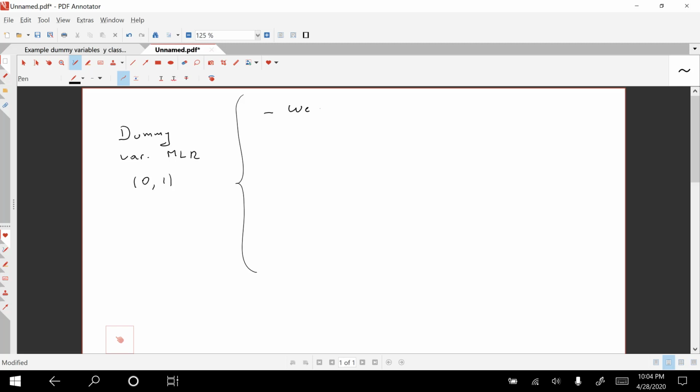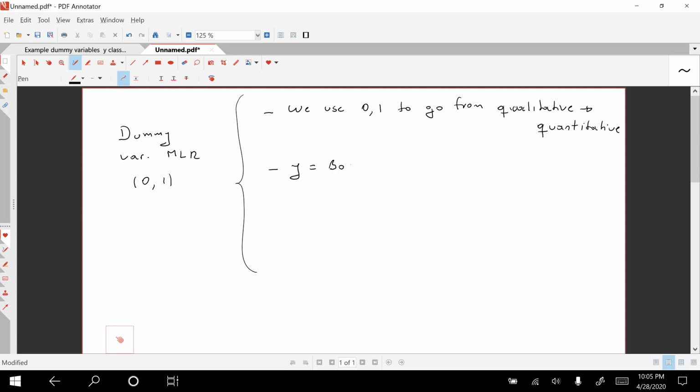So we use 0 and 1 to go from qualitative to quantitative information. I mean, the information contained in the dummy is still qualitative, but now we can use zeros and ones to run our regression model.